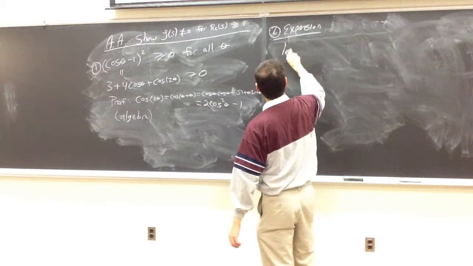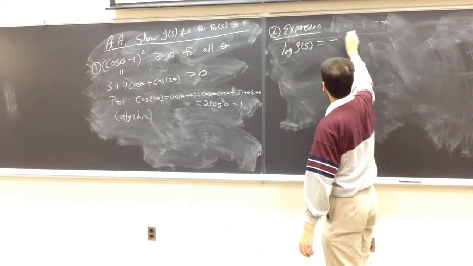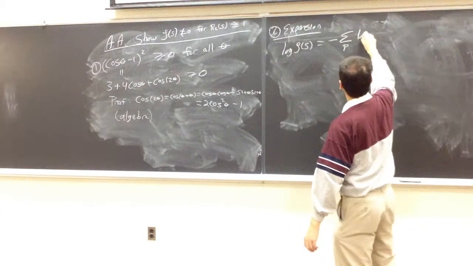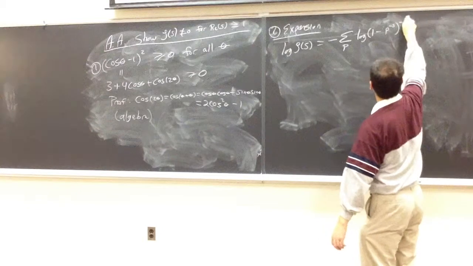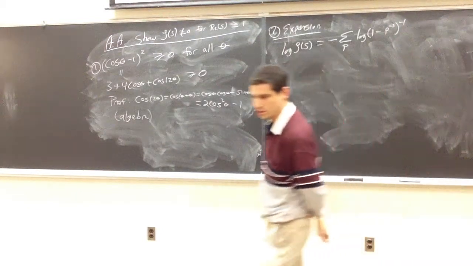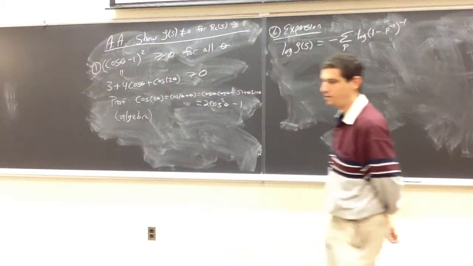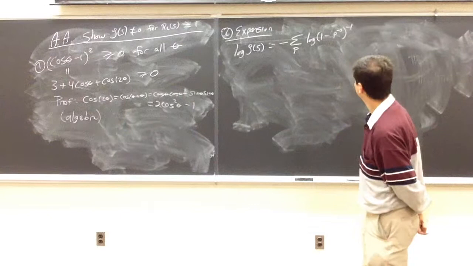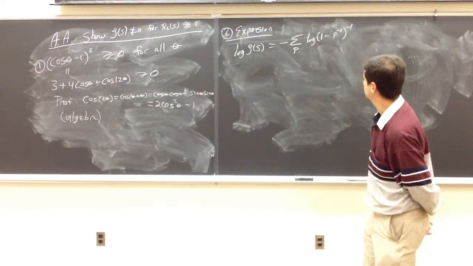So the log of zeta of s is the negative sum over all primes of the log of 1 minus p to the minus s, inverse. Okay, let me see, do I want the log of zeta or the log of zeta prime? All right. Now we have lots of different ways of expanding this.